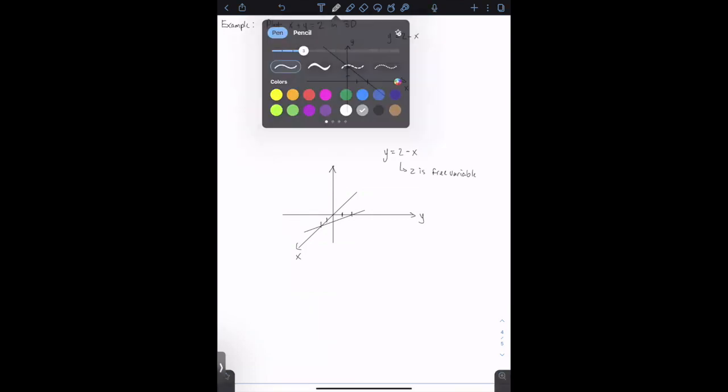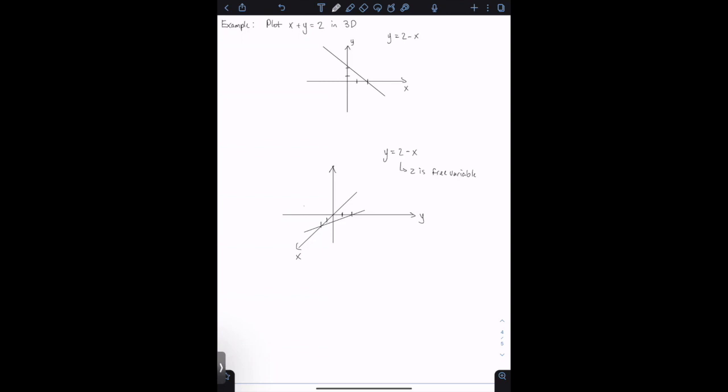So in that case, we're going to have a plane that looks something like this. This is our plane, x plus y equal to 2.